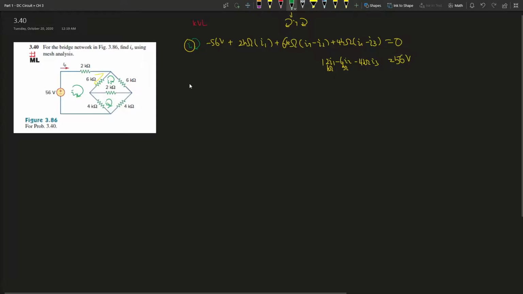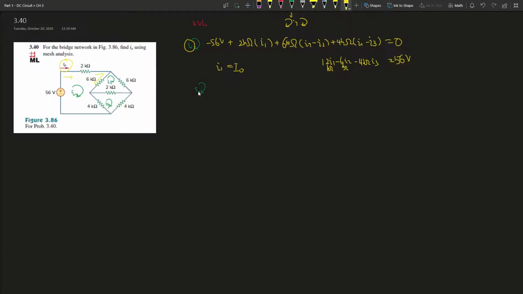Now we go on to mesh 2. It's important to draw the conclusion that I1 equals I naught. I naught is in series and goes in the same direction as I1, so we can draw that conclusion.